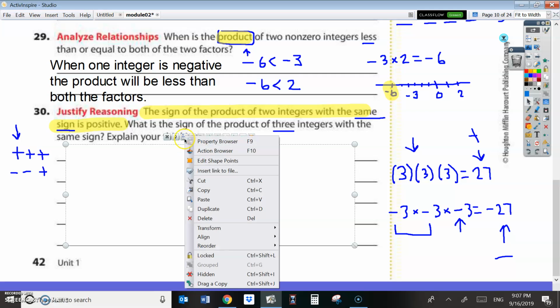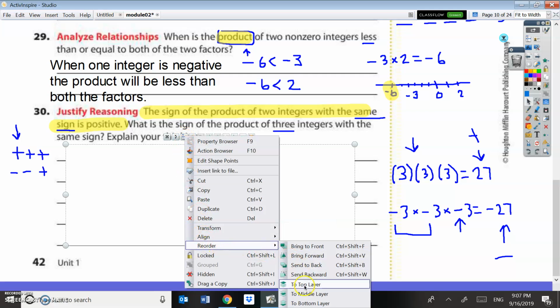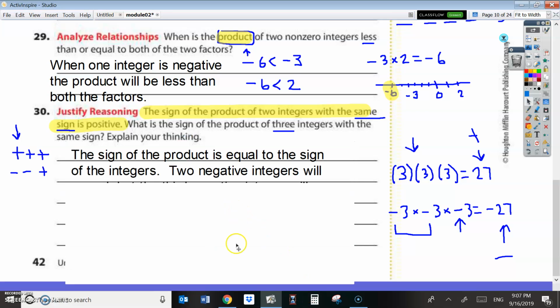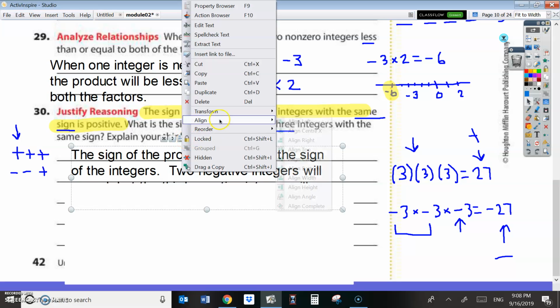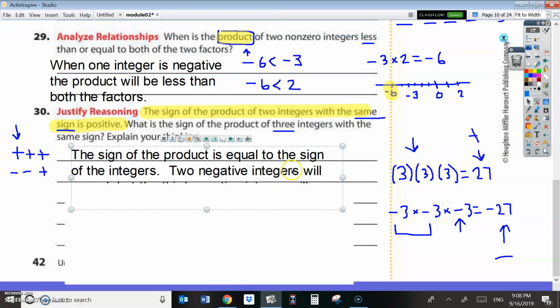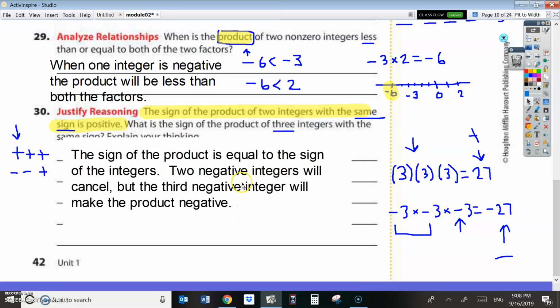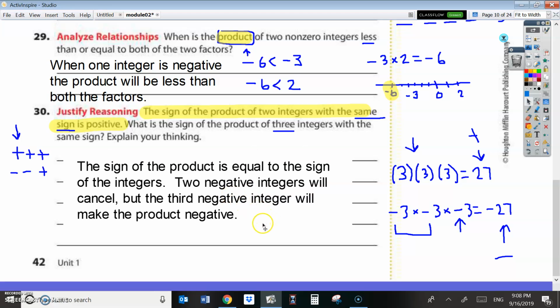Put that on the middle layer, and then you'll be able to see it okay. Put the text on the top layer. There, now you can see it better. Alright, thanks for watching.